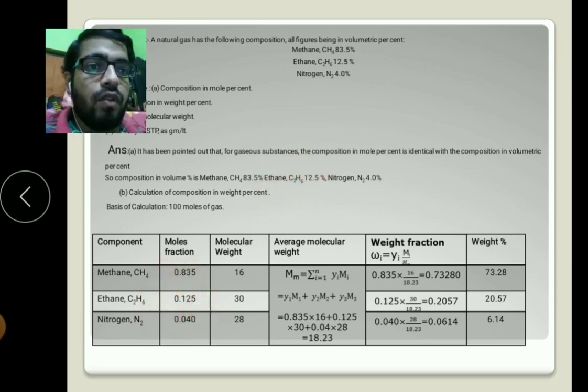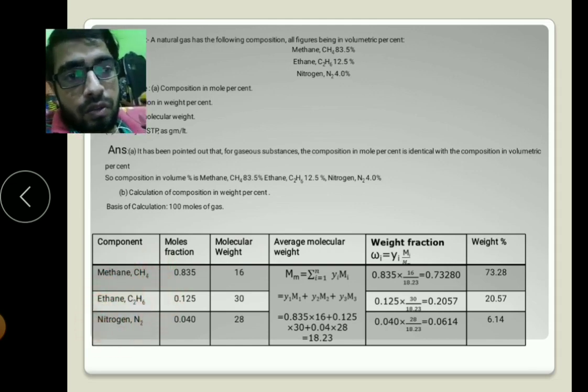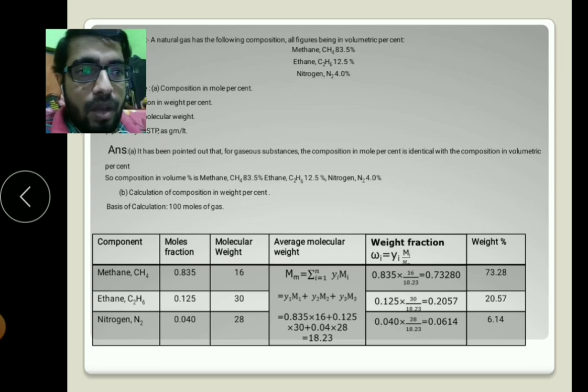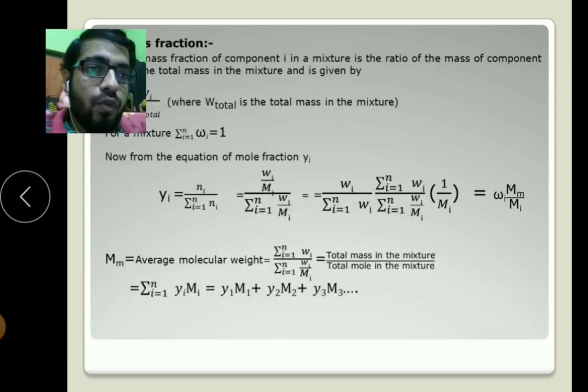The molecular weight of methane is 16. How? Carbon's molecular weight is 12 and each hydrogen has 1. We have 4 hydrogens, so carbon 12 plus 4 hydrogen 4, 12 plus 4 is 16. Similarly for ethane, and nitrogen, we have 2 nitrogen atoms, each having 14, so 2 having 28. For the average molecular weight, we know the formula.